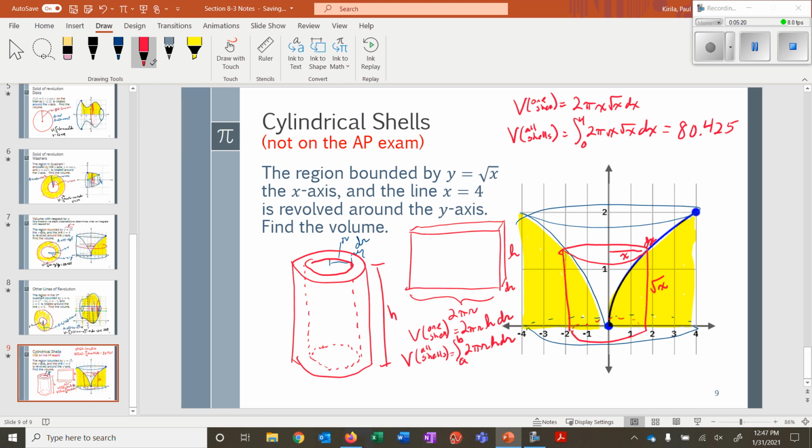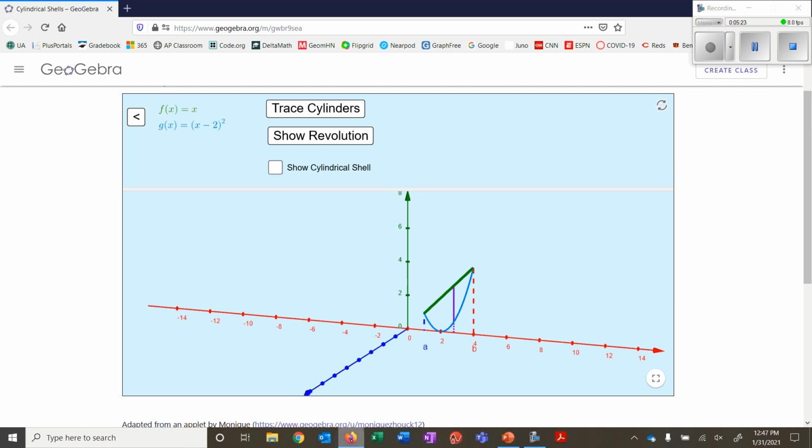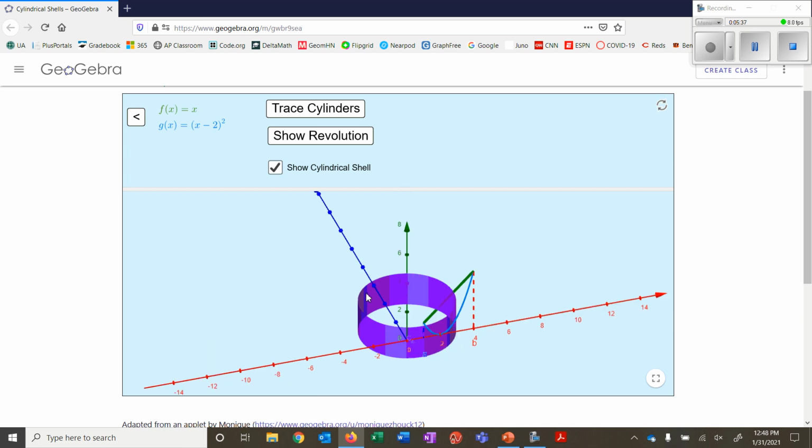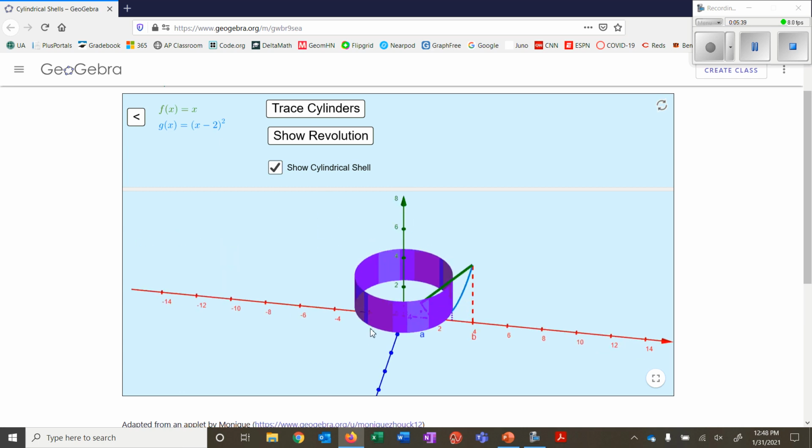In terms of visually, a little better representation of how this looks, these aren't the same functions, and I'm aware of that. But if this is my region, this would be the height of my cylinder. So if I show the cylindrical shell, there's one shell.